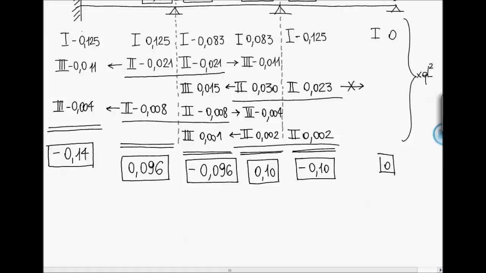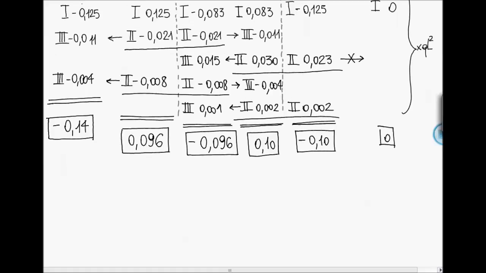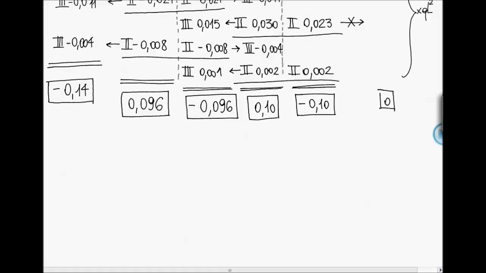We can now check the equilibrium at nodes B and C, summing up the resultant of the bending moments on the right and on the left. In this case, the equilibrium is respected, since we have 0 as the sum of the bending moments coming from the left and on the right.